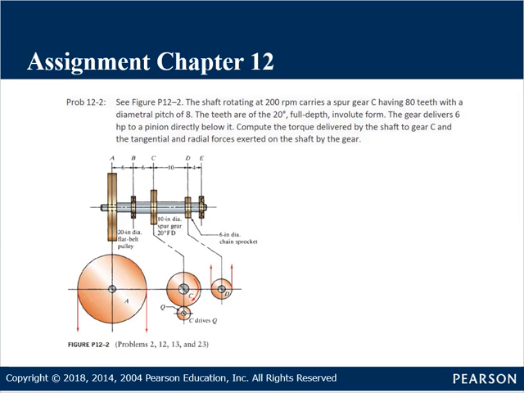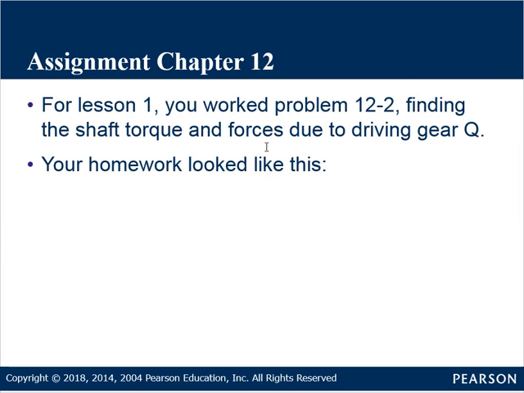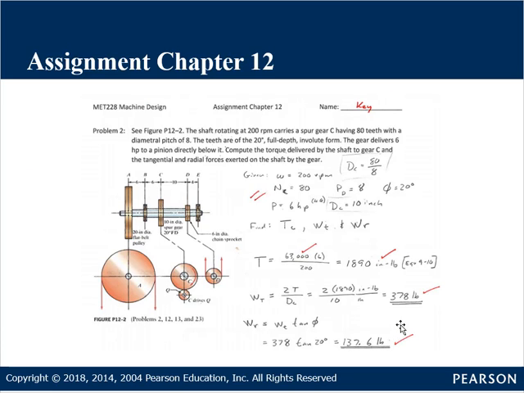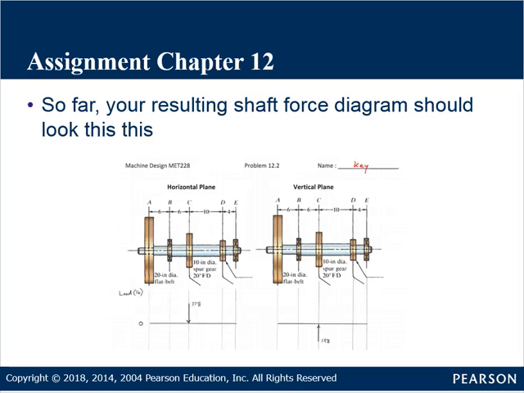Okay, so for lesson 1, you worked problem 12.2, finding the shaft torque and forces due to the driving gear. So your homework should look something like this, where we calculated what the torque was in the shaft, and we calculated what the tangential and the radial force was. And then based on that, we started drawing our force diagrams on the last sheet of your homework.